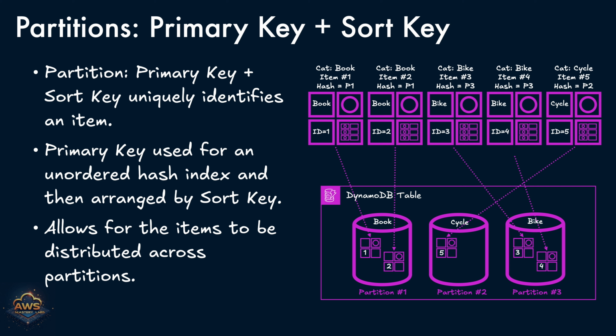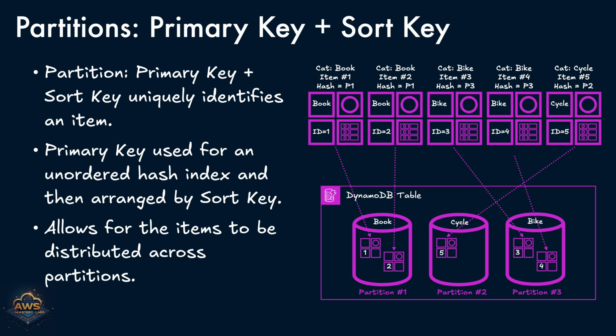In this updated illustration, we revisit the same 5 product entries from our catalog, but this time we visualize how they are distributed and organized after altering the primary key structure to use category as the partition key and ID as the sort key. What you'll notice here is that items are now grouped by their category, meaning all products belonging to the same category are stored within the same logical partition in DynamoDB.